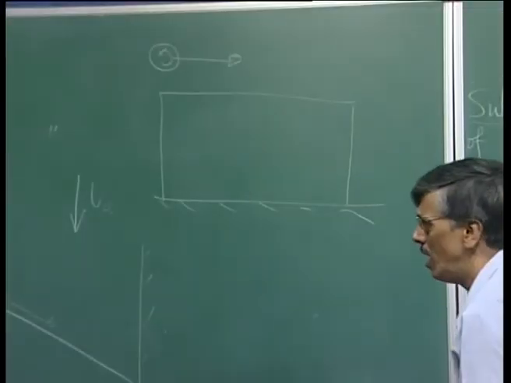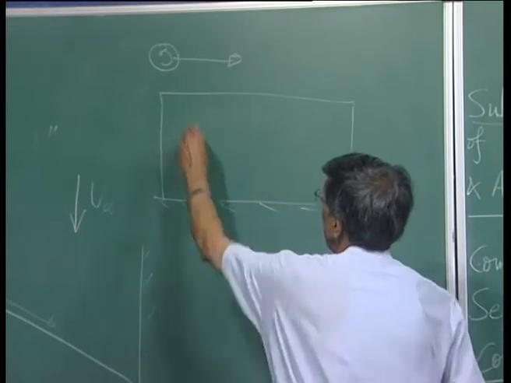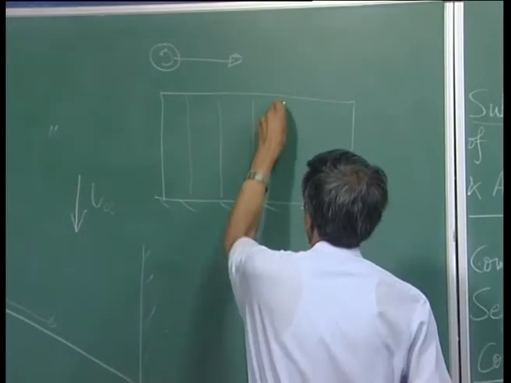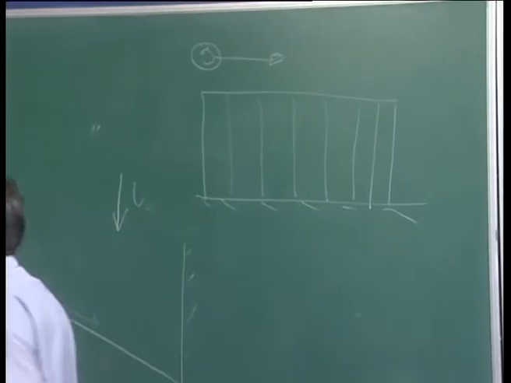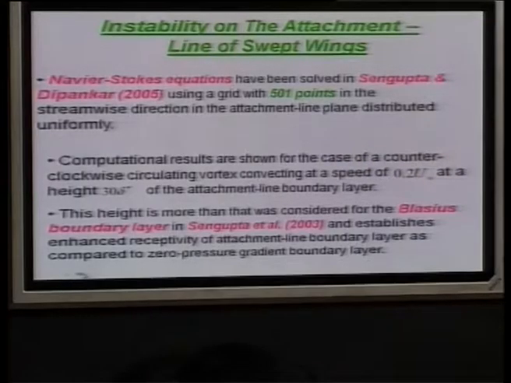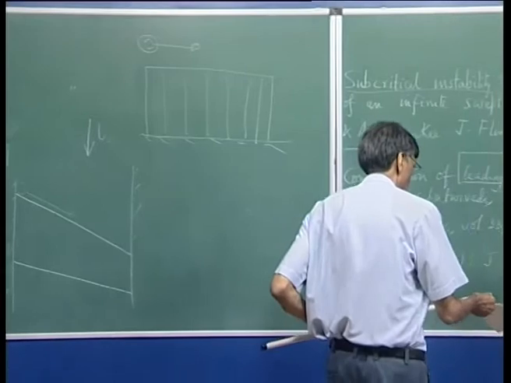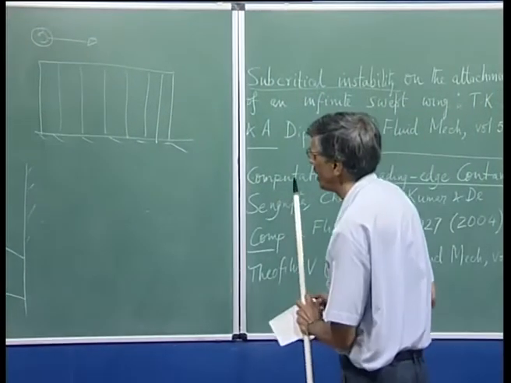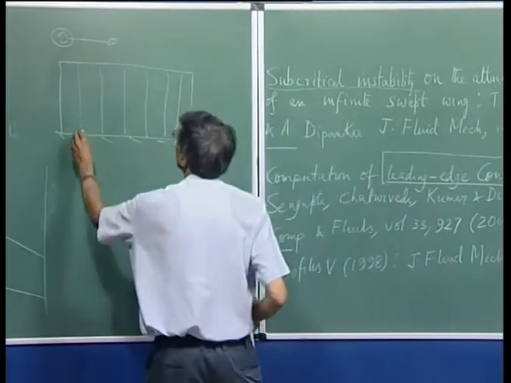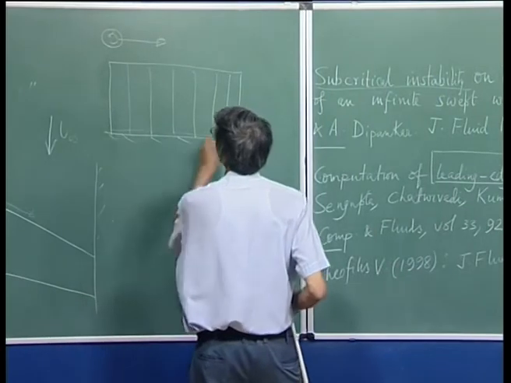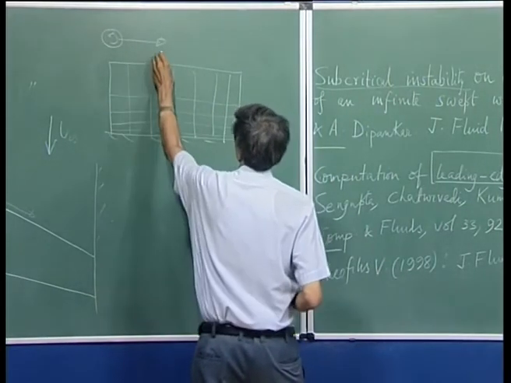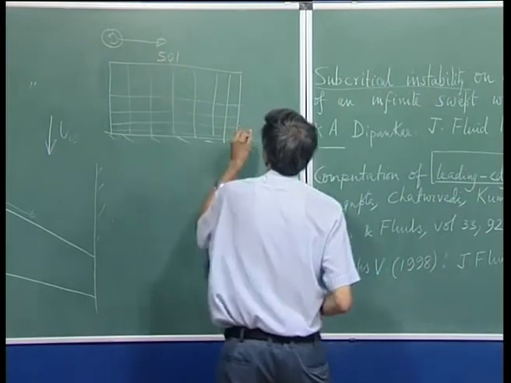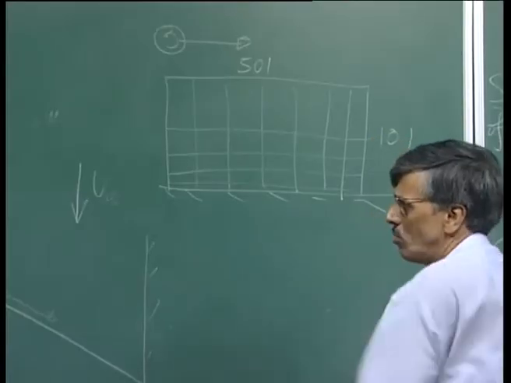And what we did is basically we did take about equispaced 501 points in the streamwise direction, and normal to this wall we have taken a stretched grid like this. So, this side we had 501 points, this side we have taken 101 points.